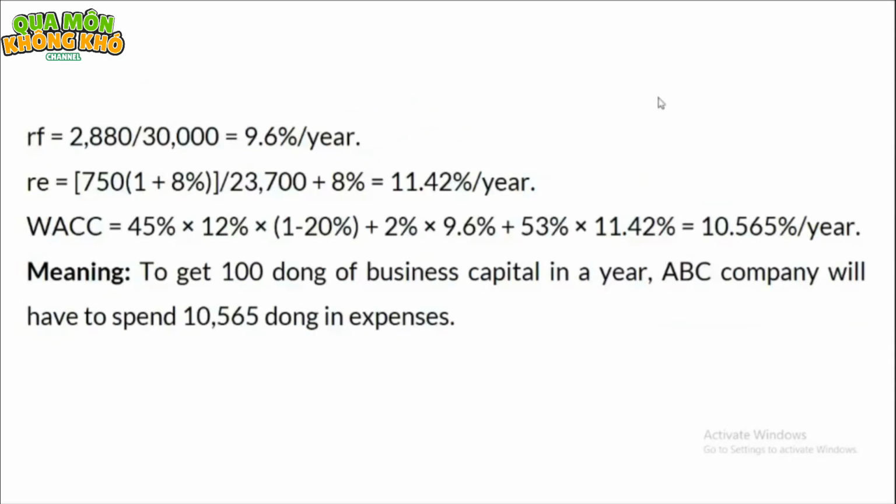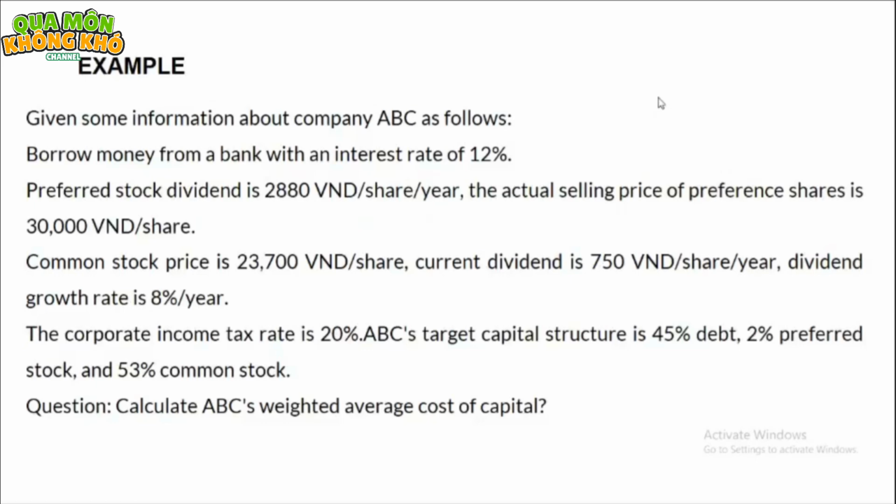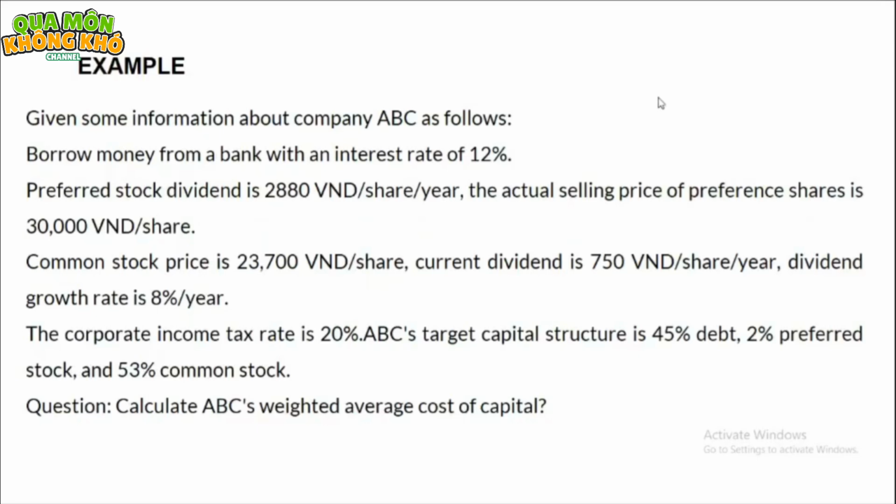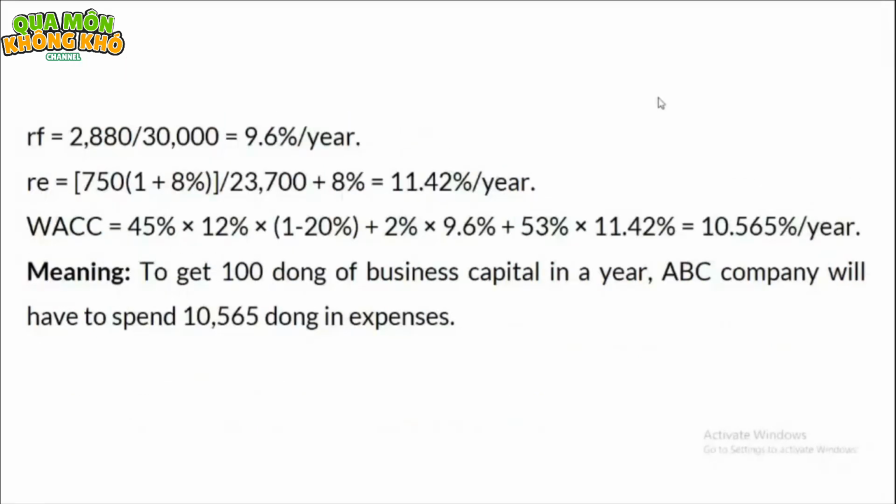So W of the debt is 45% plus 10% is the borrowed money, and we will multiply by 1 minus the tax rate. The tax rate is 20%, plus 2% is the preferred share of stock, and multiply by 9.6% as you can see on the slide.